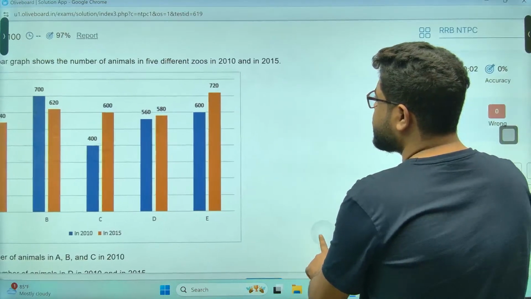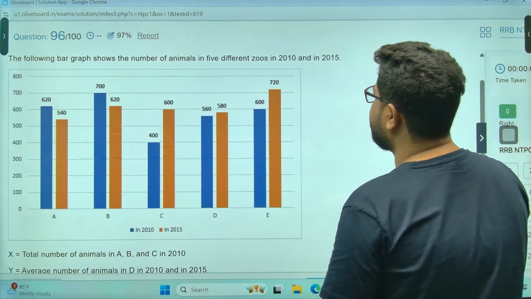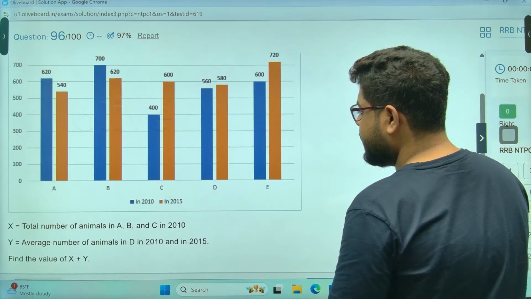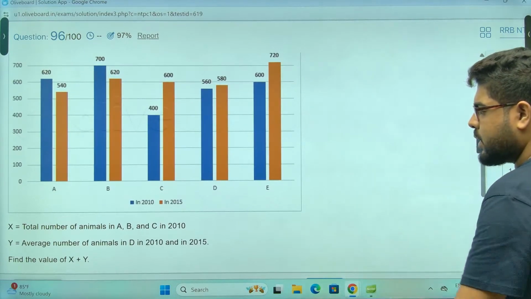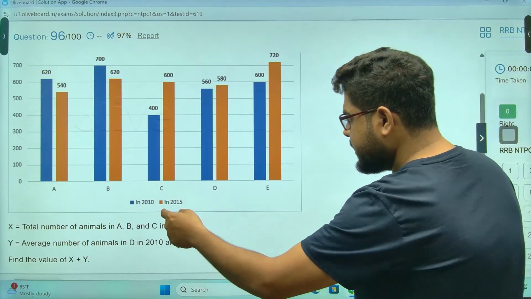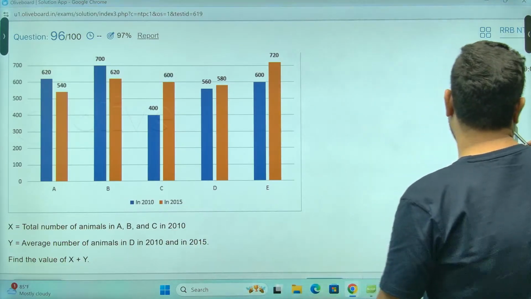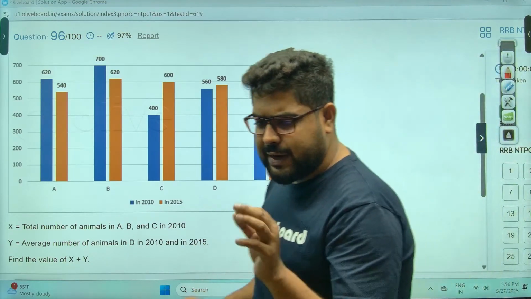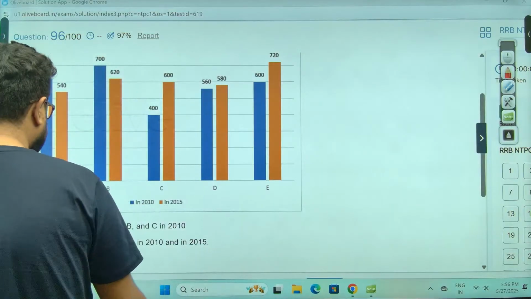The following graph shows the number of animals in 5 different zoos, 2010 to 15. Find the total in 2010. This week the questions on DI were very good, a little tricky.